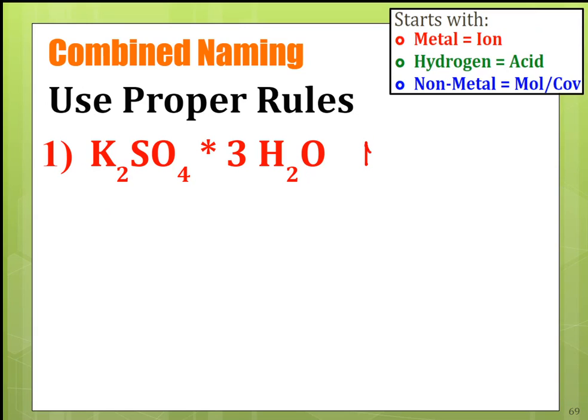So K is potassium. SO4 is sulfate. And we have 3 waters, so that would be trihydrate. So potassium sulfate trihydrate is the breakdown of this name here.